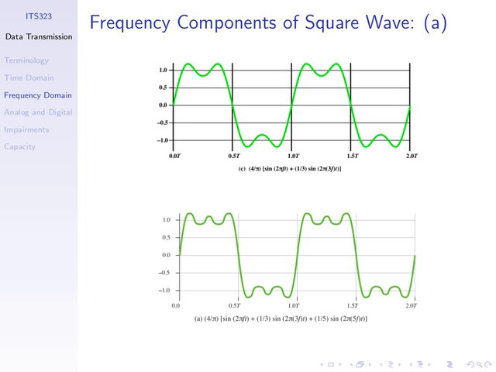And let's add an extra component following this format, plus 1/5 sine 2 pi 5f t. F is 1 megahertz. 2 times 5 times 1 megahertz, 10 pi 10 to the 6 t.